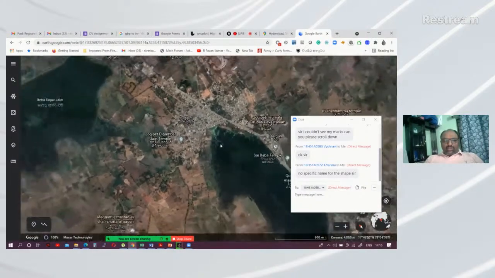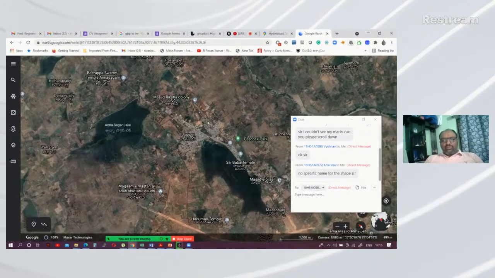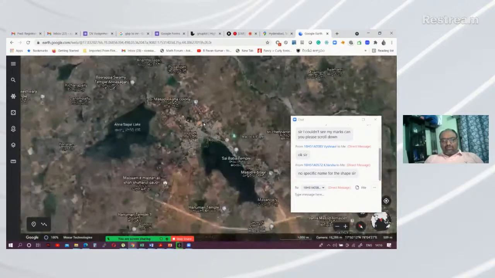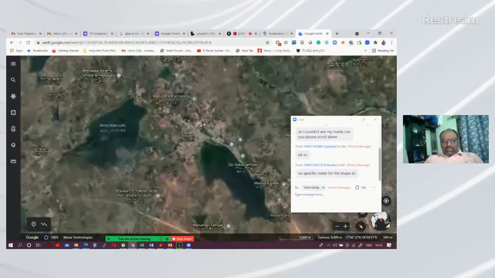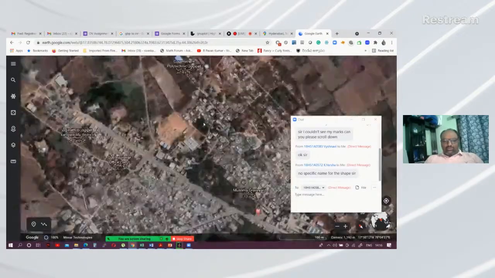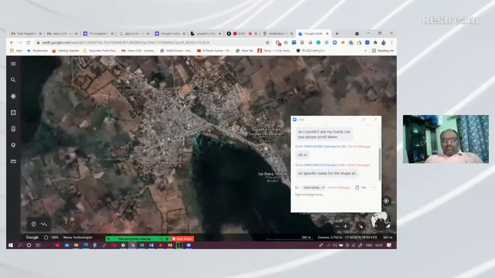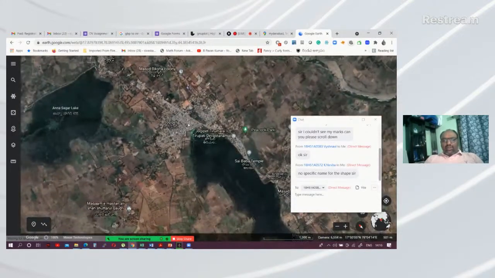Now, can you tell me what shape it is? Sorry, my mouse is not working well. Can you tell me what shape this is? Very good. This is also a polygon.